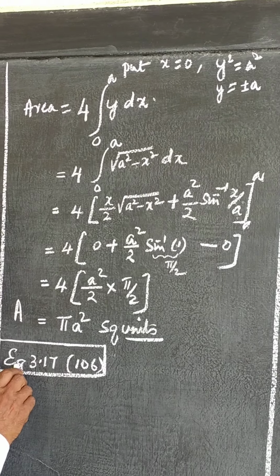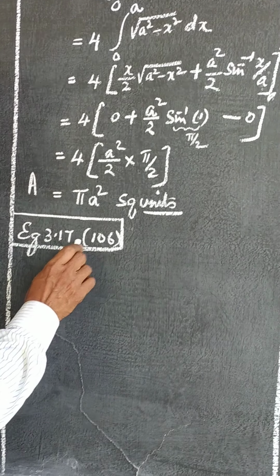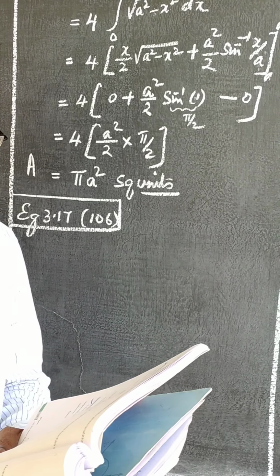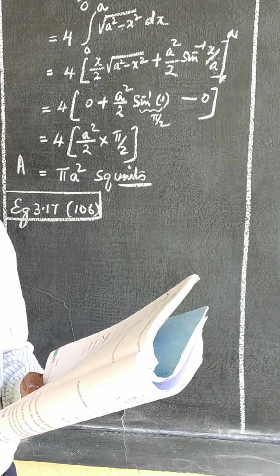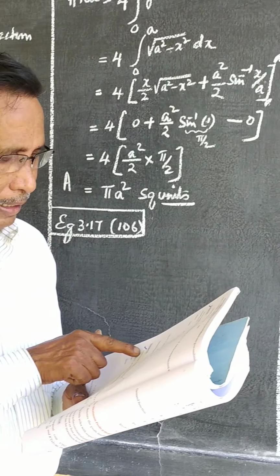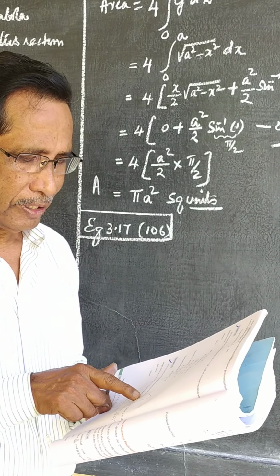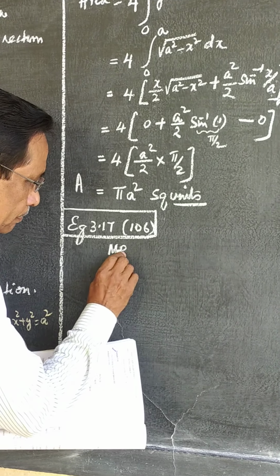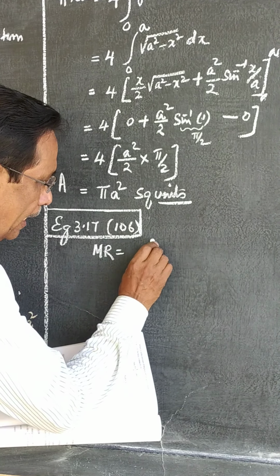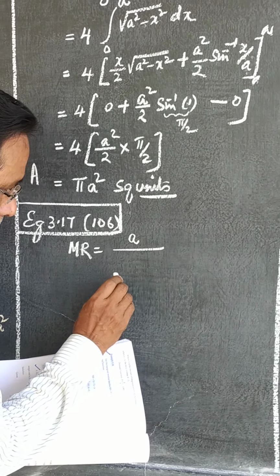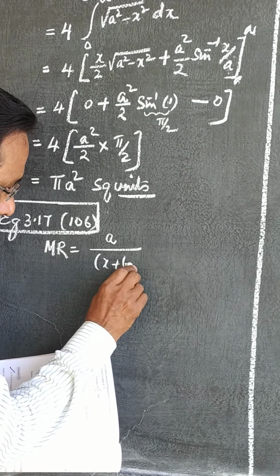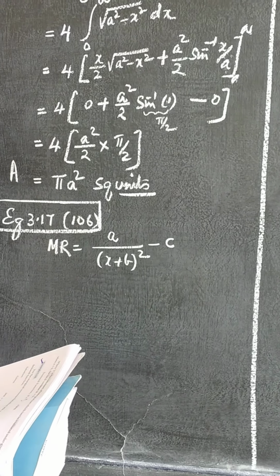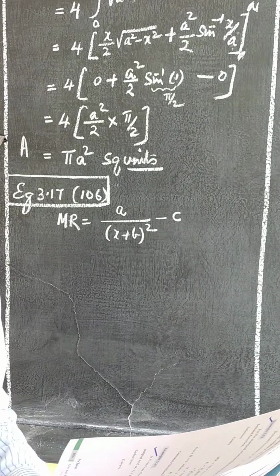Now we can take example 3.17, page number 106. It is also one of the important problems. We have to do it very often. A firm has the marginal revenue function given by MR is equal to A divided by (x plus B) whole square minus C, where x is the output, and A, B, C are constants.